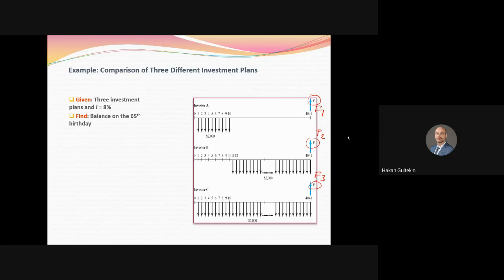Which one will be the largest? Please write your answers into the chat board. Order them, not just the highest one, but rank them. For example, 1, 2, 3: 1 is the highest, 2 is the second, 3 is the least. Or 2, 1, 3. Write in this way. Which one will be the highest?